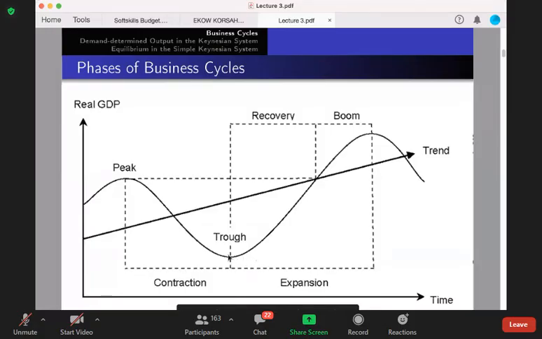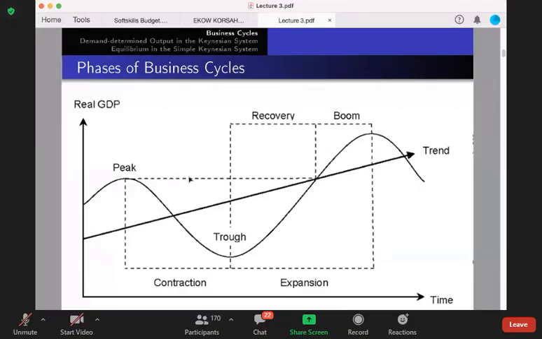And then the movement from the lowest point of the GDP to the peak represents what? Expansion. GDP is increasing throughout. So there's a contraction between a peak and a trough, when GDP drops, and an expansion between the trough and the peak, when GDP expands.